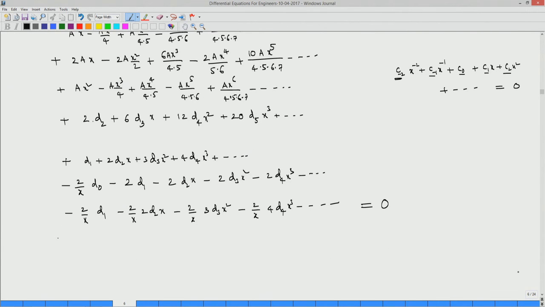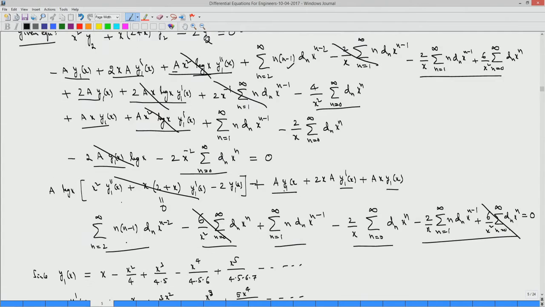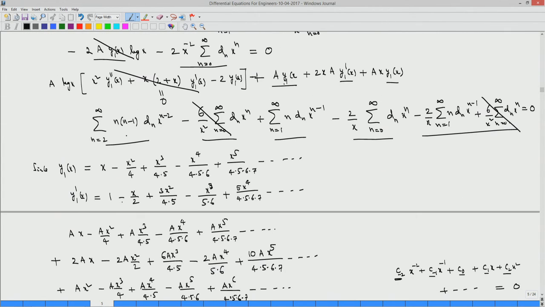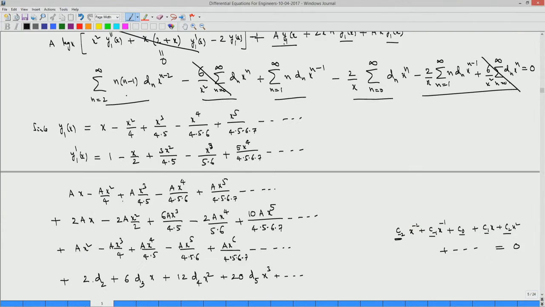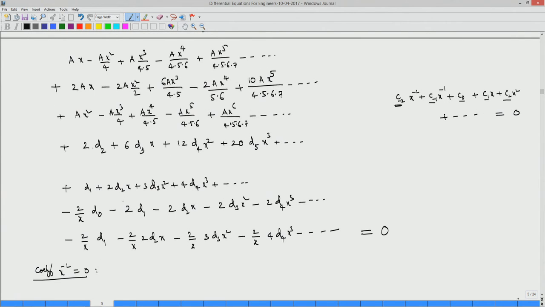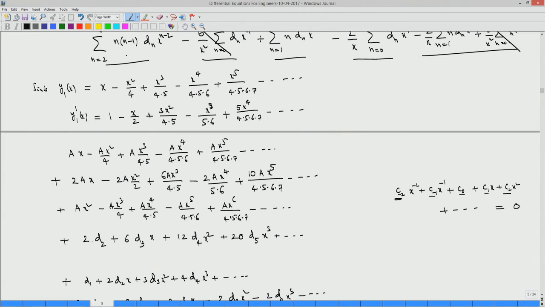So, what you will get? The coefficient of x power minus 2 is 0. This will give me d naught is 0. Okay, let me see what you have, x power, this gets cancelled. So, you have y1, 2x, x square. There is no x power minus 2 term, right.